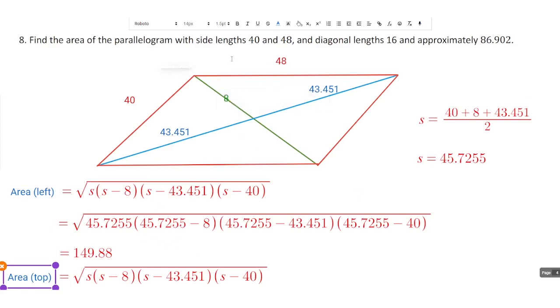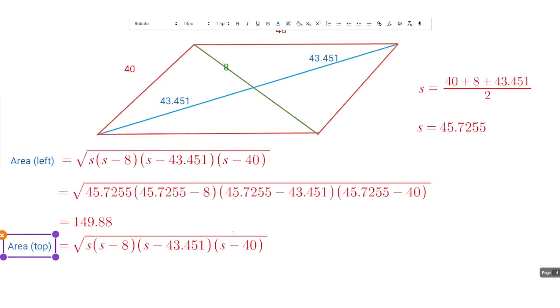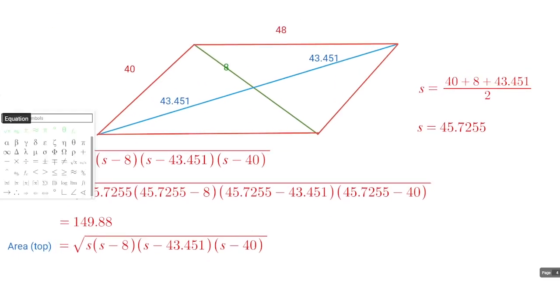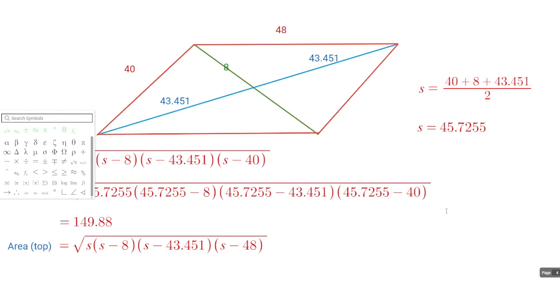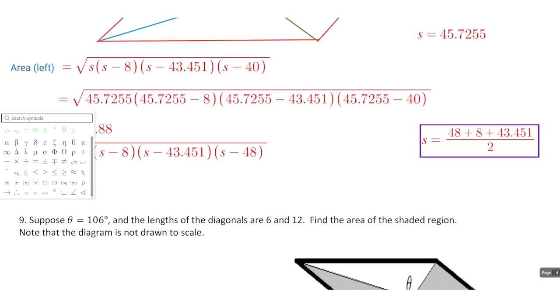The only difference here is we have 48 instead of 40. So I'm going to change this 40 to a 48 for this last side. That also means we need to recompute the semi-perimeter, because we have a different triangle here. So instead of 40, I'm going to have 48, and I'm just going to type that in real quick.